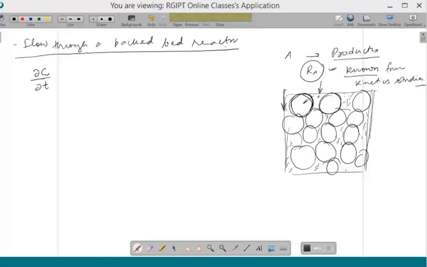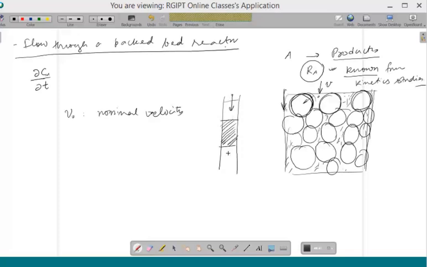Here I have v, let's say something known as nominal speed, nominal velocity. What is nominal velocity? If you look at the nearby spaces, these spaces, maybe I can show this like this.